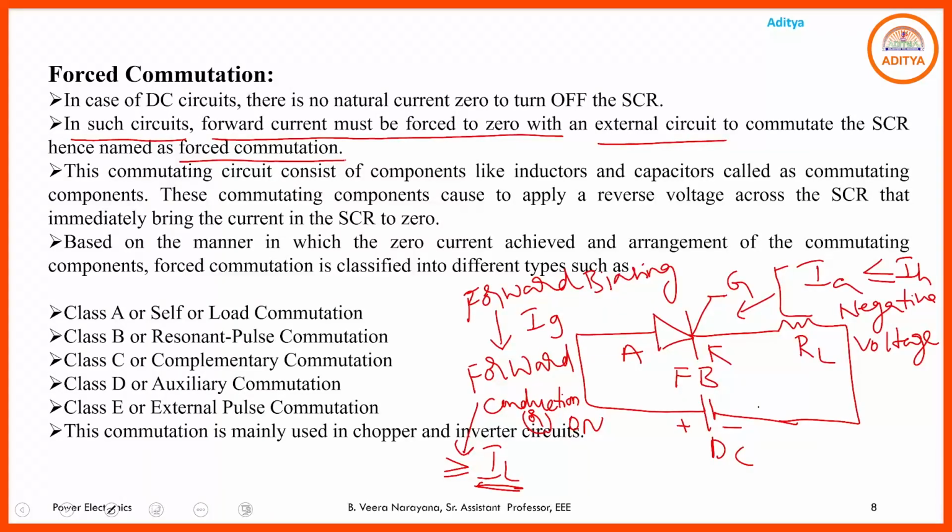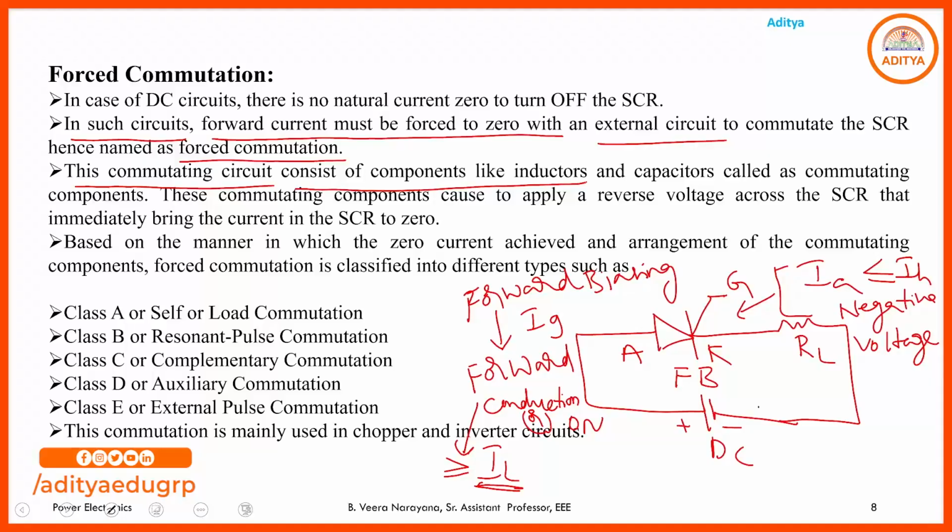This commutating circuit consists of components like inductors and capacitors, which are called commutating elements. To commutate this SCR, we depend on the commutation circuit, and that circuit is designed with external inductors and capacitors.